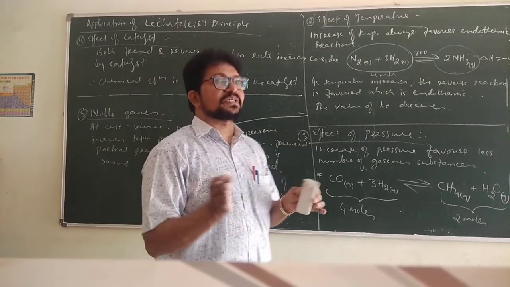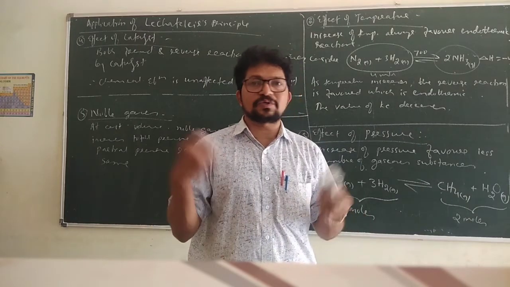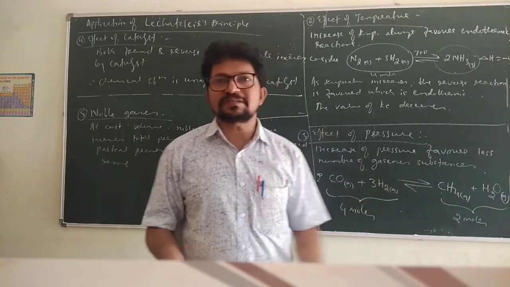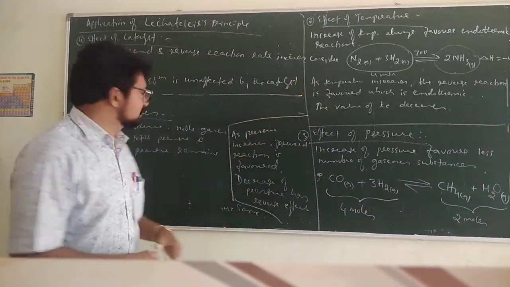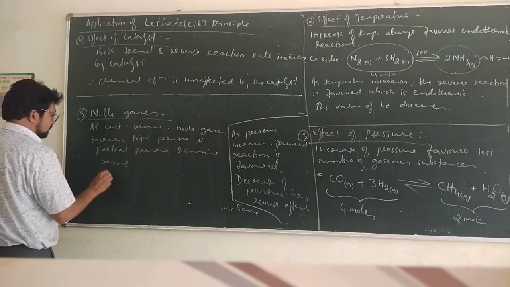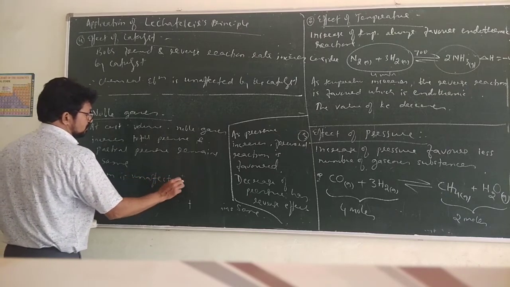Suppose nitrogen, hydrogen, ammonia, they have their own partial pressure. If you add some noble gas, total pressure increases at constant volume, and partial pressure remains the same. So in the equilibrium, what will happen? Partial pressure appears. So that means partial pressure remains the same. Therefore, equilibrium is unaffected.